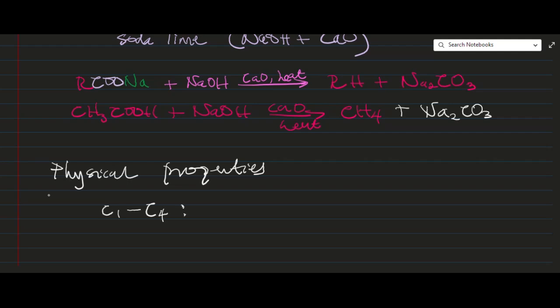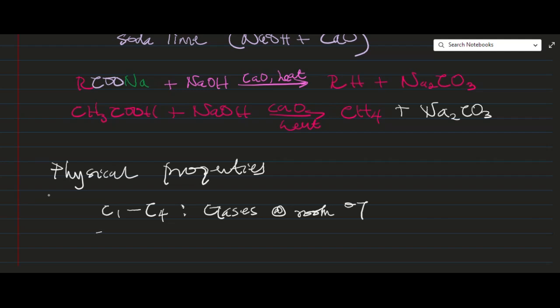So that is methane, ethane, propane, and butane. They are all gases at room temperature.